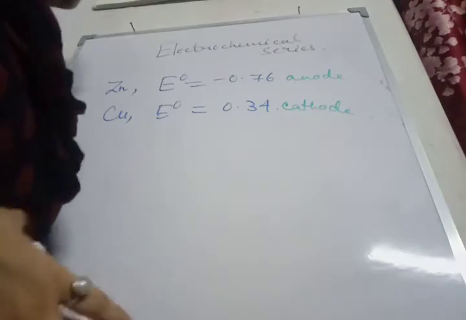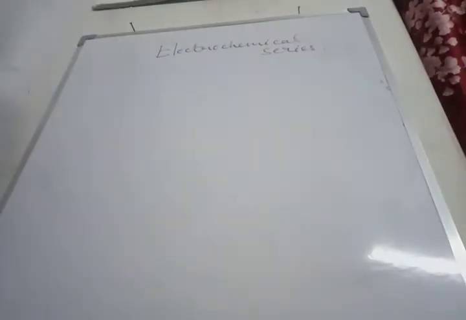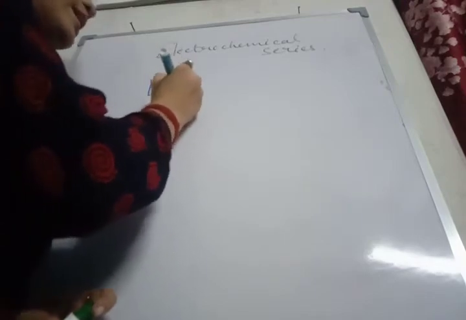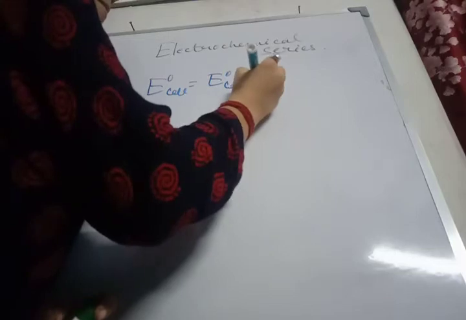Okay. The next application is calculation of E0 cell or cell potential. E0 cell, this we have already done, is given as E0 cathode minus E0 anode.